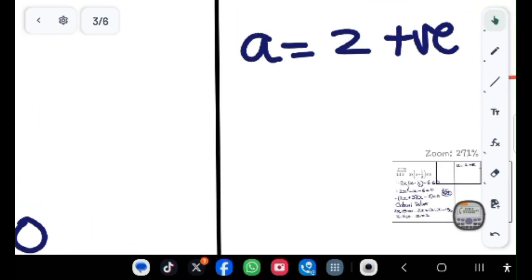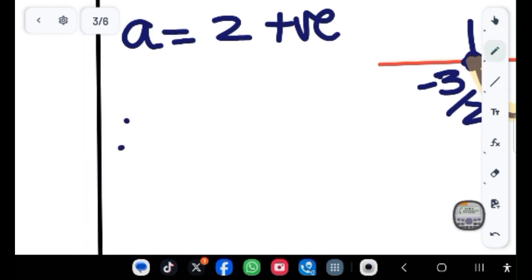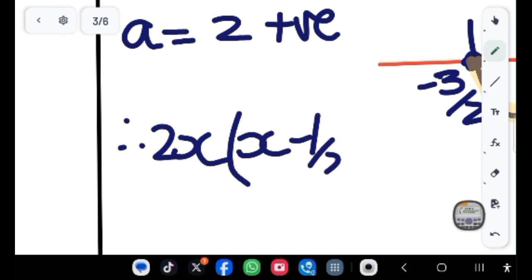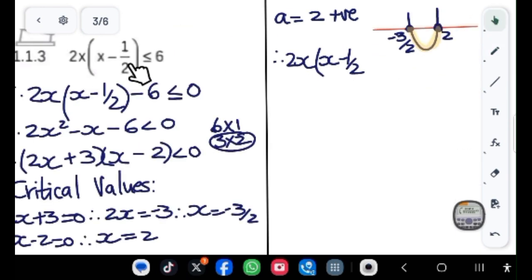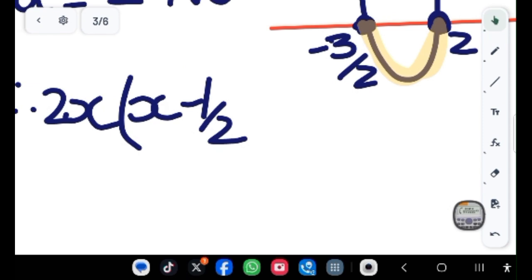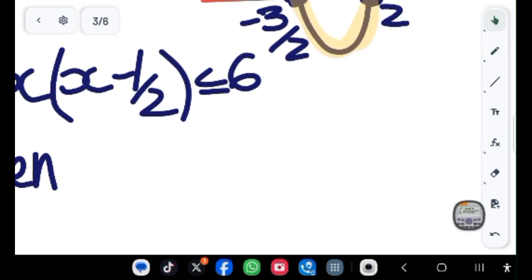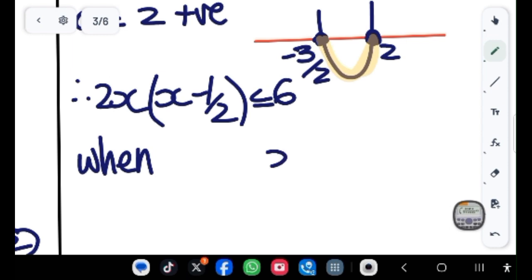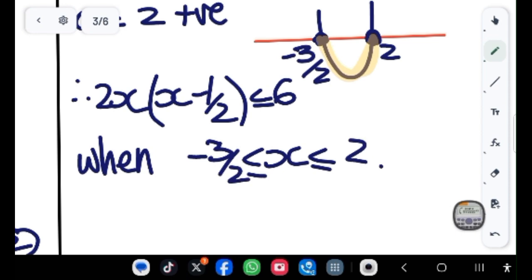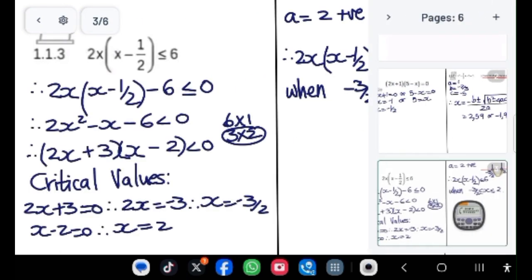Therefore, your answer: 2x(x minus a half) is less than or equal to 6 when your x is between, and including the endpoint, negative 3 over 2 and 2. And that's how you solve that inequality. Next question.